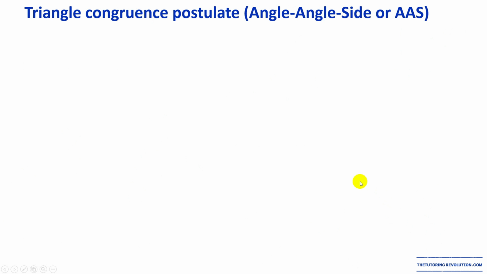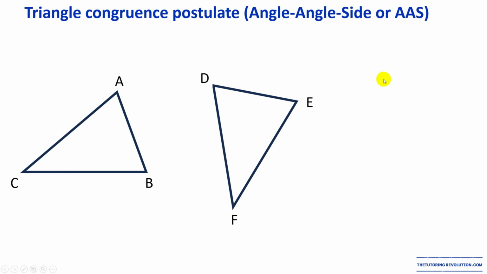Now we're going to analyze the postulate angle-angle-side, or AAS. Here we have two triangles, ABC and DEF.